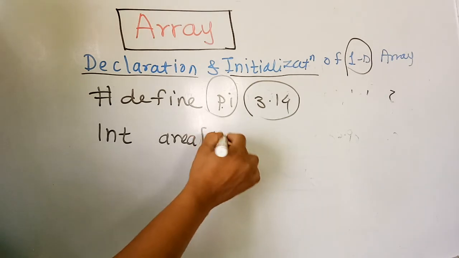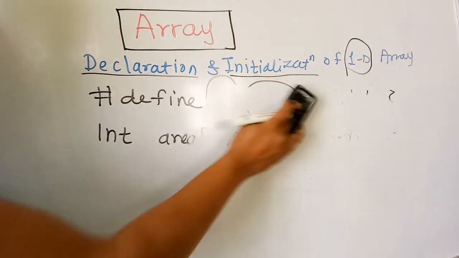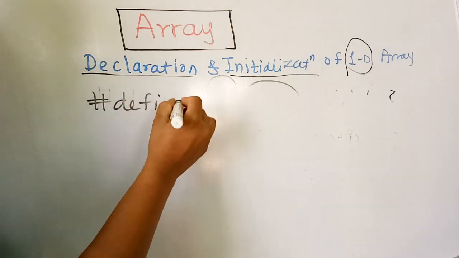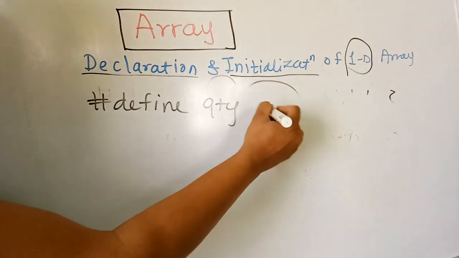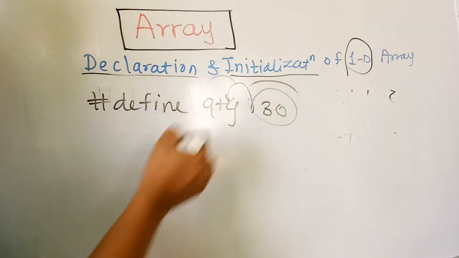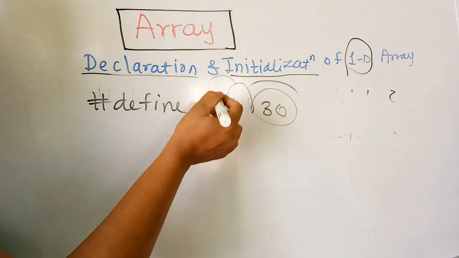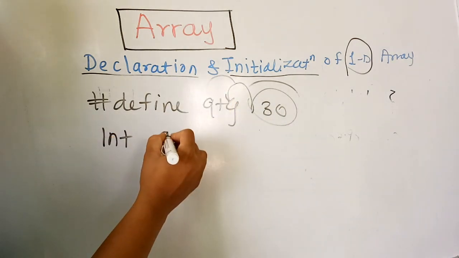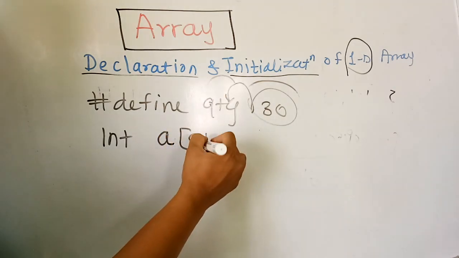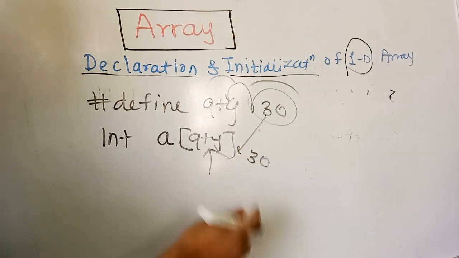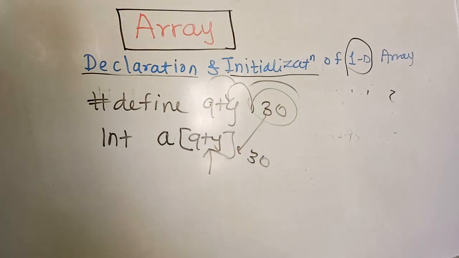Or I will specify #define QUANTITY 30. You have to use this number 30, but it is a symbolic constant, so you can specify this name as the size of the array. Like integer type a of size QUANTITY, and this QUANTITY is replaced with 30 at compile time. This is the same mechanism.